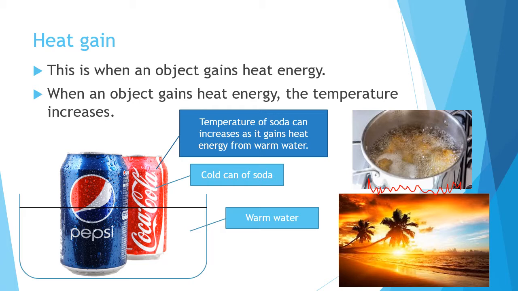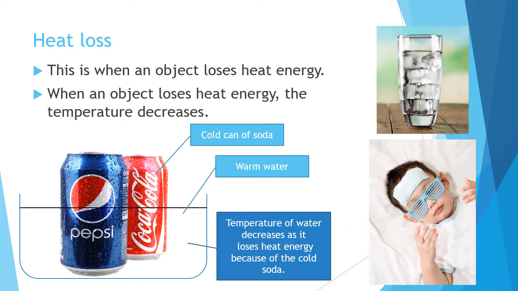So heat gain is when an object becomes hotter. Heat loss is the opposite. Gain means getting, loss means losing. Heat loss is when an object loses heat energy. When an object loses heat energy, the temperature decreases. As an example, same as before, we have our cold can of soda and warm water.